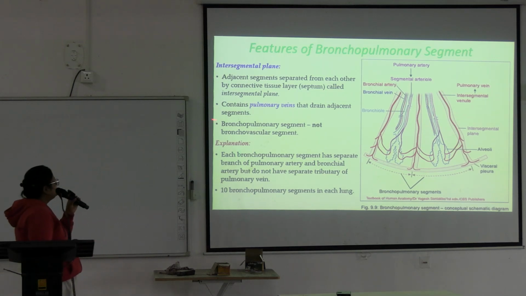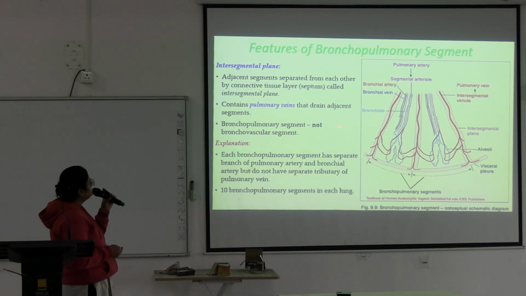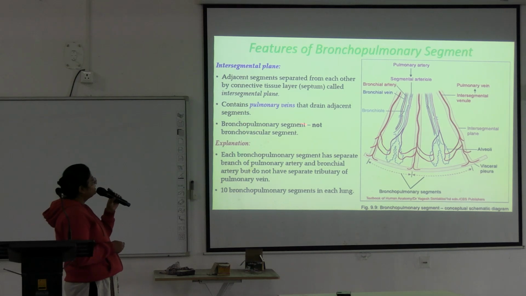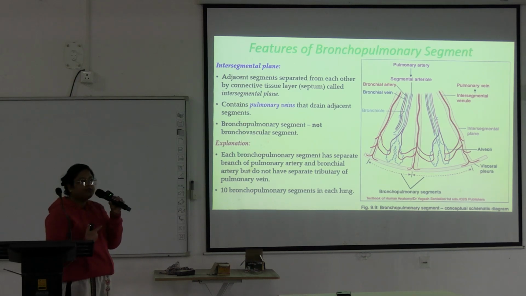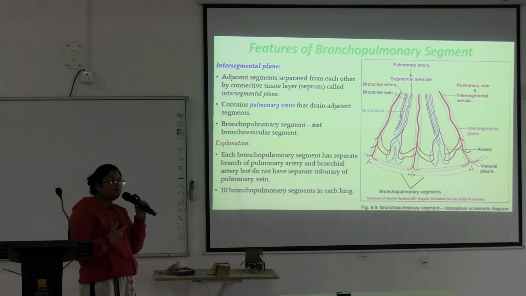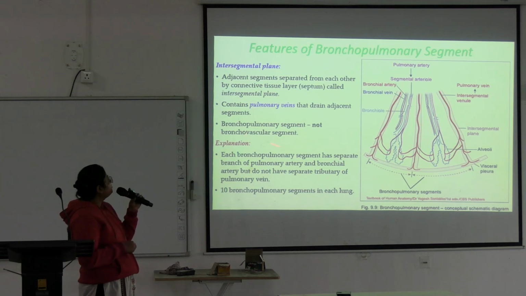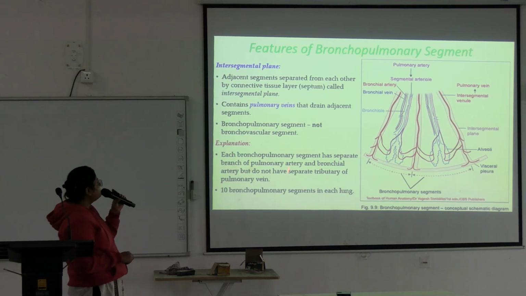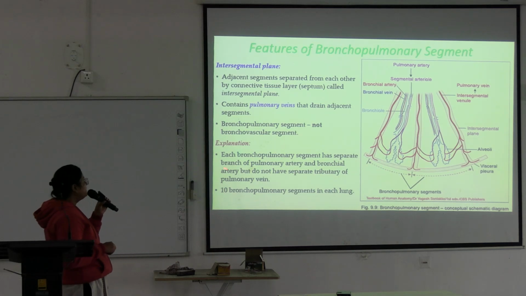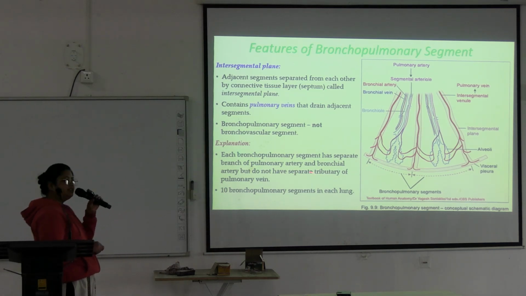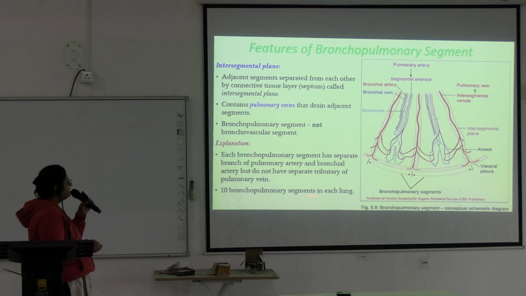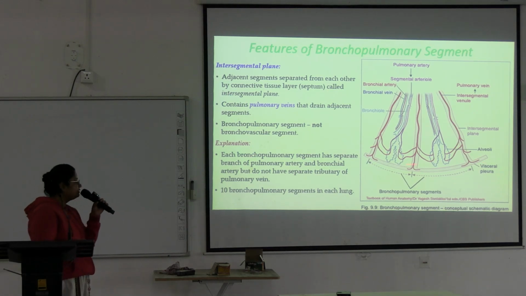So these bronchopulmonary segments are not bronchovascular segments. This is very, very important. Explain why question: why are bronchopulmonary segments not bronchovascular segments? This is the explanation. Each bronchopulmonary segment has a separate branch of pulmonary artery and bronchial artery, but does not have any separate tributary of pulmonary vein.